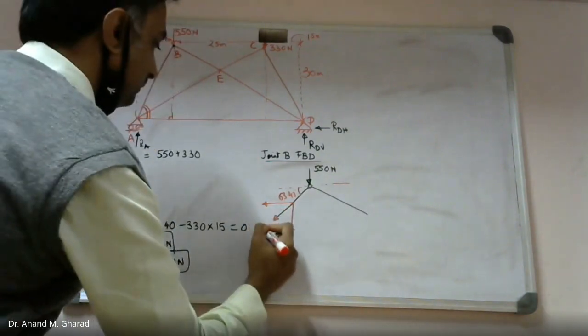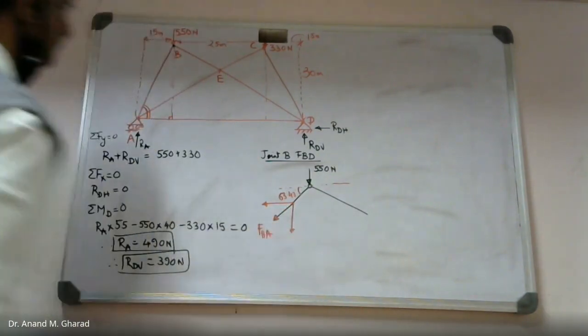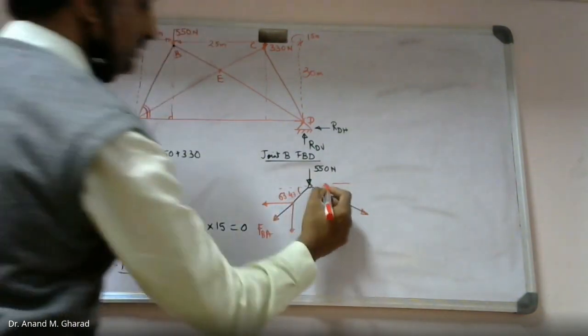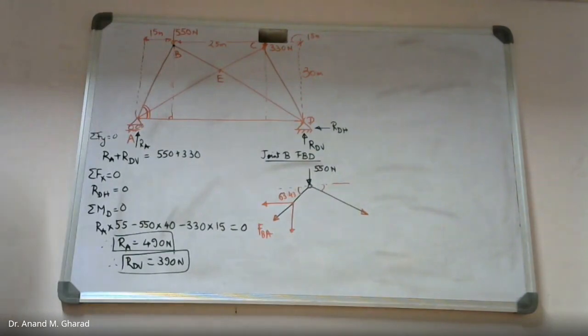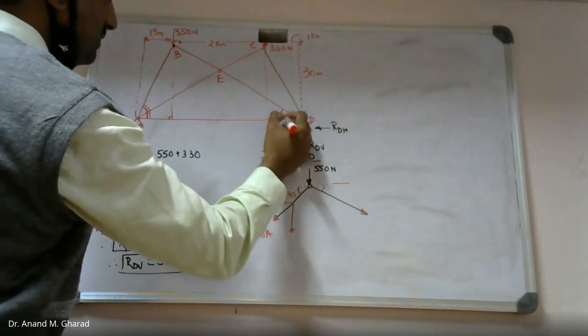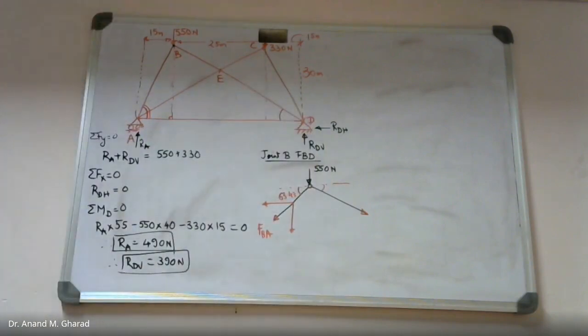Force in member BA. Similarly, you are supposed to identify this angle value. How much will it be? Because we need to now find out this angle. It is very simple.